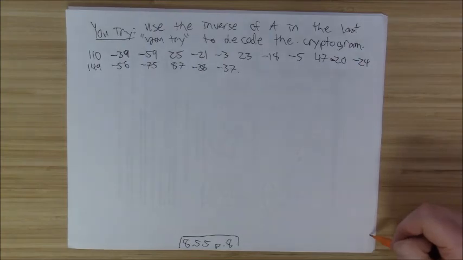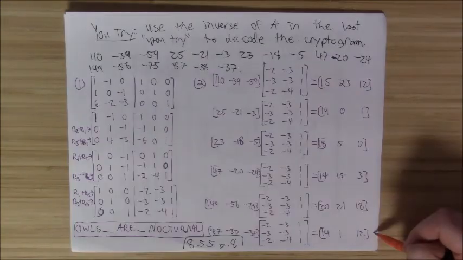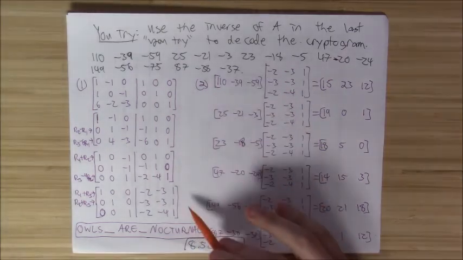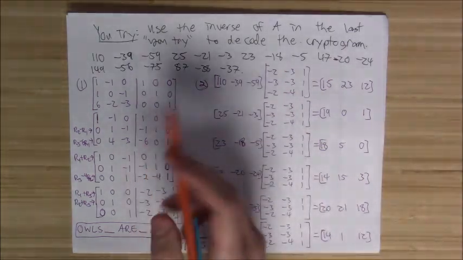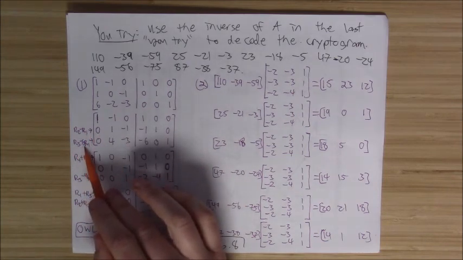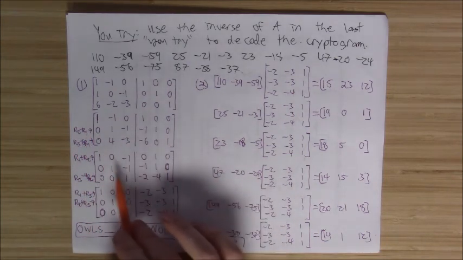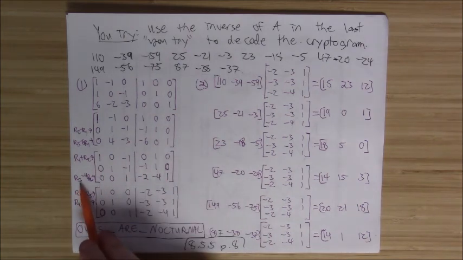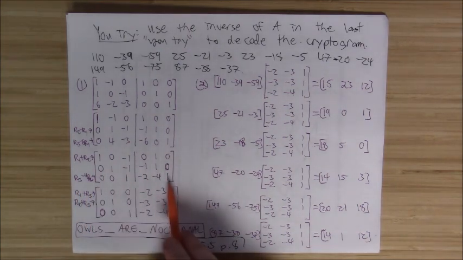1, 2, 3. So here, I go through and calculate the inverse. In case you can't read this, that's R2 minus R1, R3 minus 6R1 to get that. Then I take R1 plus R2 and R3 minus 4R2.